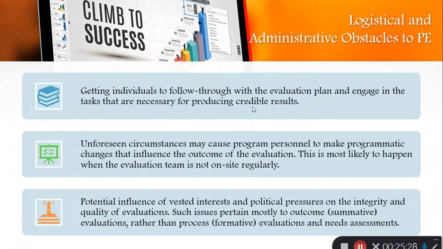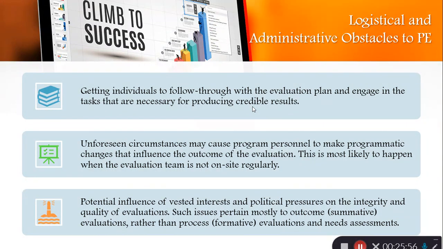So a logistical concern could be just working through the kinks of getting everyone on the same page about what the plan is and getting individuals to follow through on that plan. Also, unforeseen circumstances may cause program personnel to make programmatic changes that influence the outcome of the evaluation. This is most likely to happen when the evaluation team is not on site regularly.